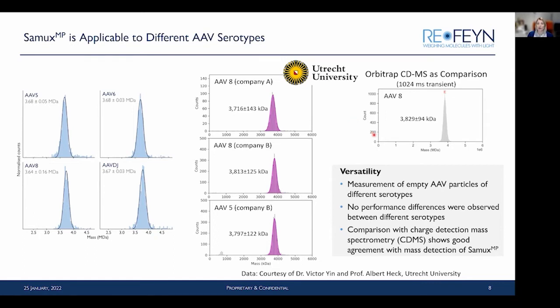And they used one of the AAV8s and put that into the mass spectrometer to compare the mass that results from the mass spectrometer with the mass determined by the Samux MP. And you can see that at 3.83 versus 3.81, it's a really nice agreement showing that the Samux MP also reliably determines the mass of the AAVs.